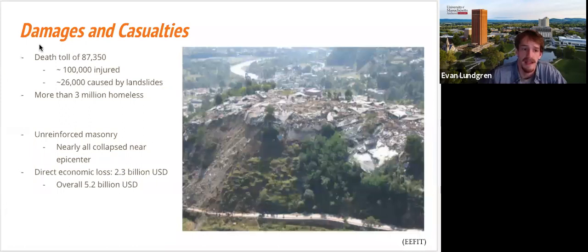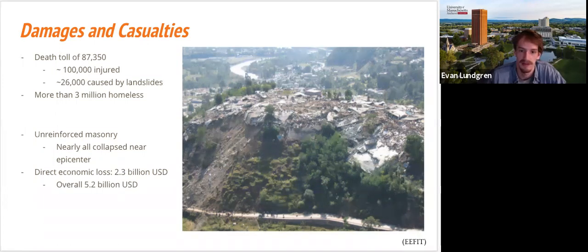There were almost 80,400 people dead and 100,000 injured, as well as more than 3 million people left homeless as a result of this. Nearly all the residential buildings, which were constructed mostly out of unreinforced concrete or masonry, had collapsed or were heavily damaged, and cities such as Balakot were 90% damaged.